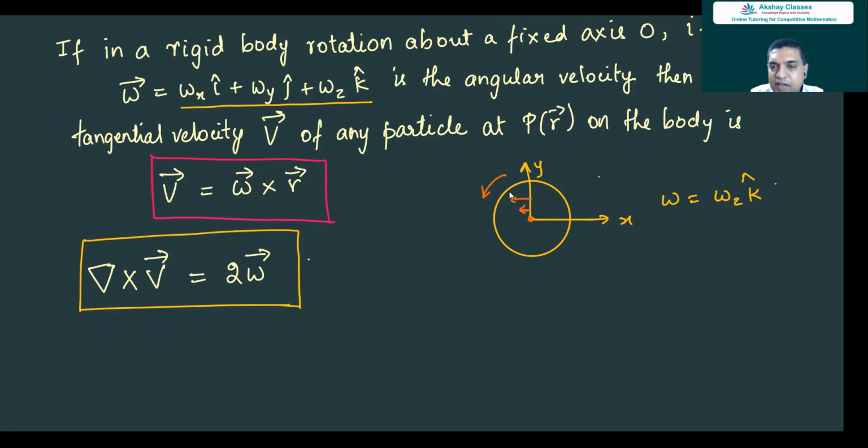Here it will be greater. Here it will be even greater. And here it will be even greater. This is the velocity. This is the angular rotation. The tangential velocities at these points will keep increasing like this. And then throughout it is like this.